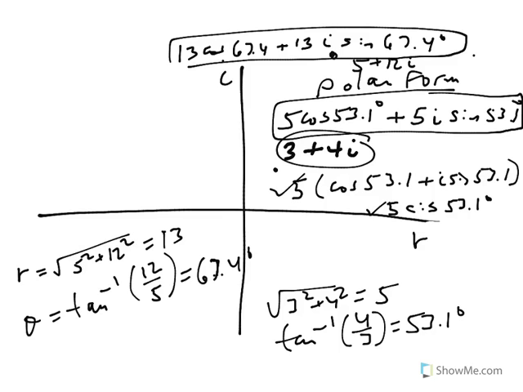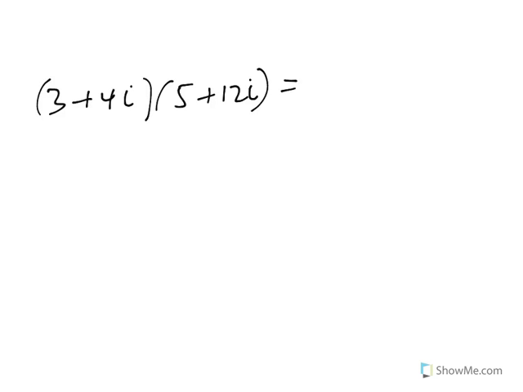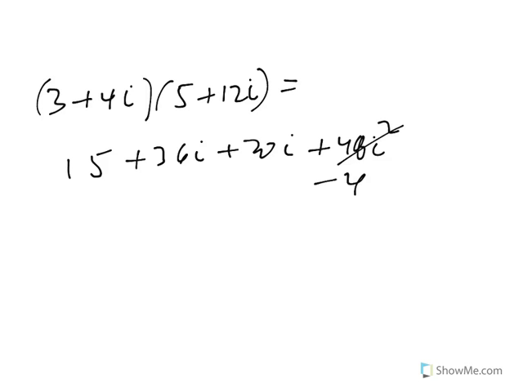Now, if I multiply together 3 plus 4i times 5 plus 12i, if I do that in rectangular form, we get 15 plus 36i plus 20i plus 48i squared, which is the same thing as minus 48.